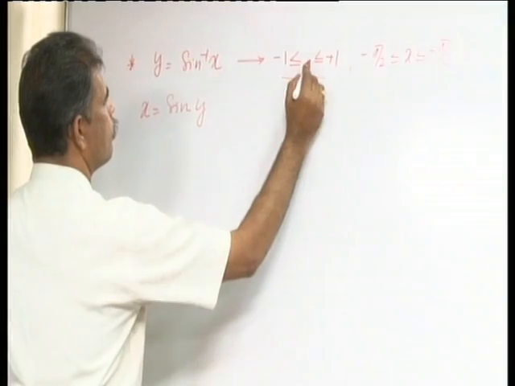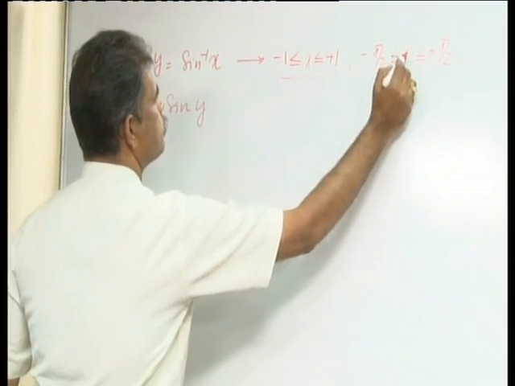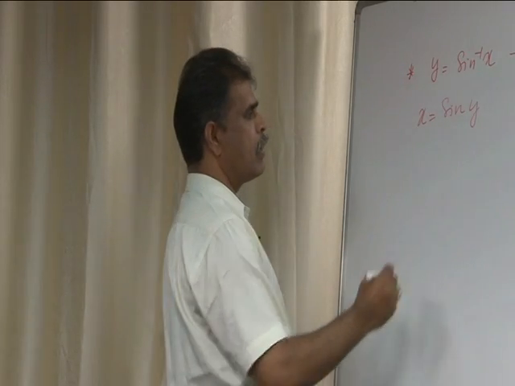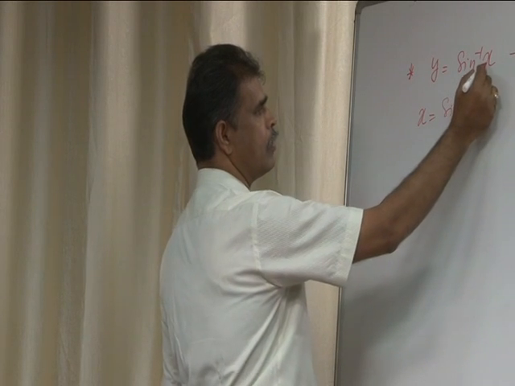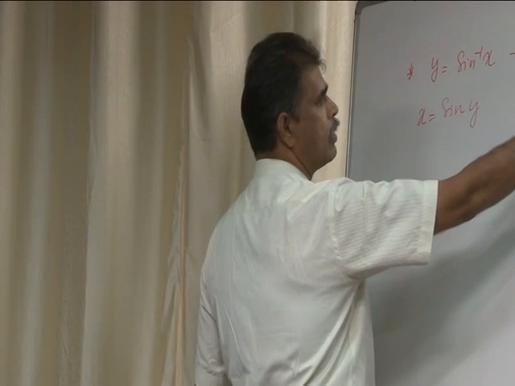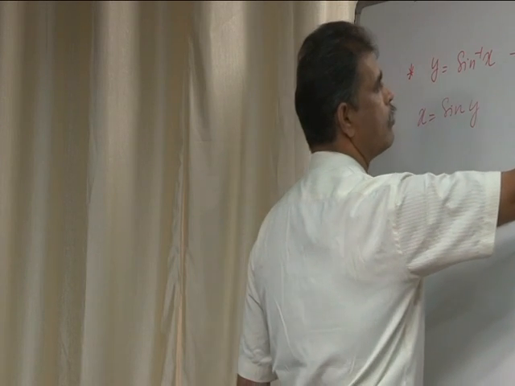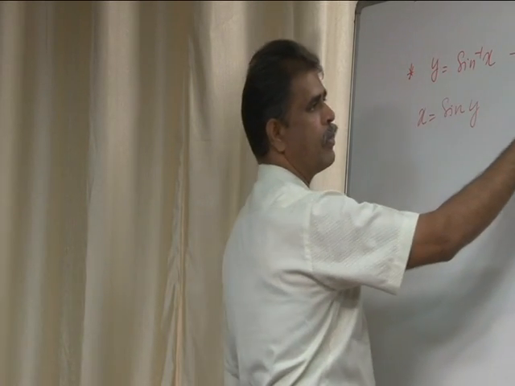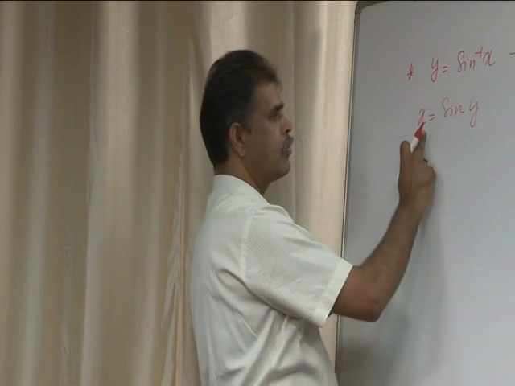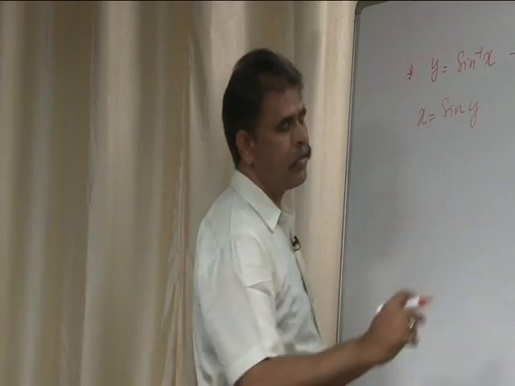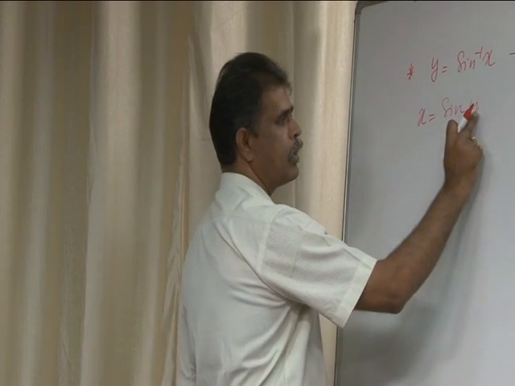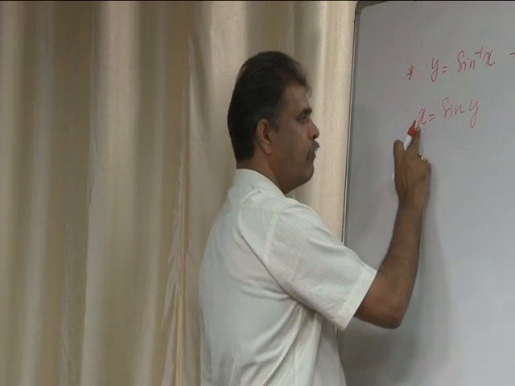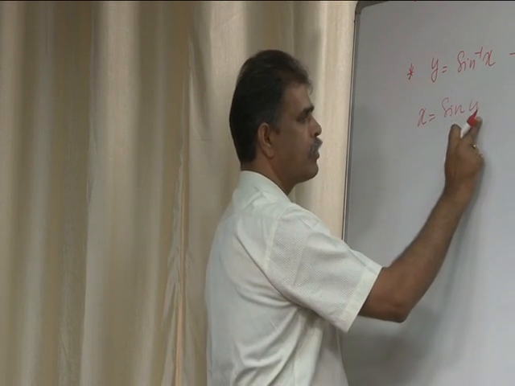If you take the x value between minus 1 to plus 1, then y occurs between minus 90 to plus 90 degrees. So, if this inverse trigonometric function satisfies these two conditions, then we can take x is equal to sin y. As x changes to x plus delta x, automatically y also changes. So, here x is a function of y.